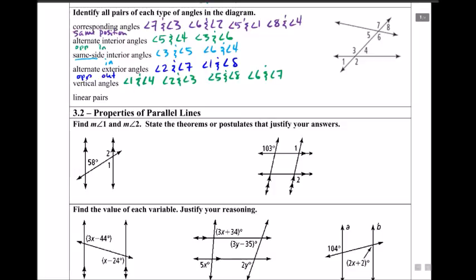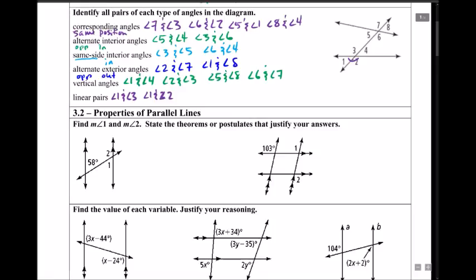And last here, we are asked to name the linear pairs. Linear pairs are everywhere. So we are going to look here and we are going to see that angle 1 and angle 3 are linear pair. But if we also look, angle 1 is a linear pair with angle 2. So angle 1 and angle 2.